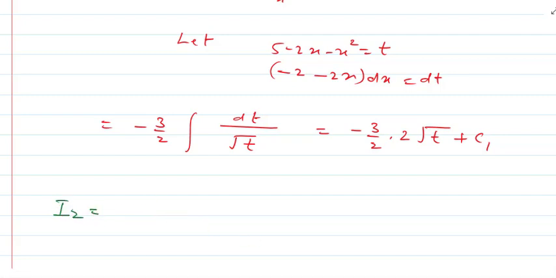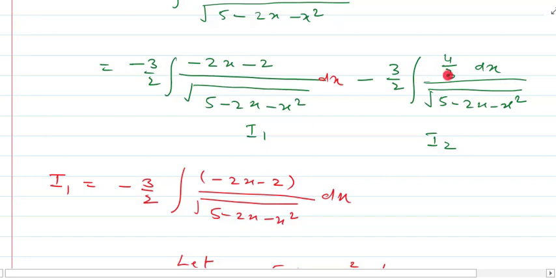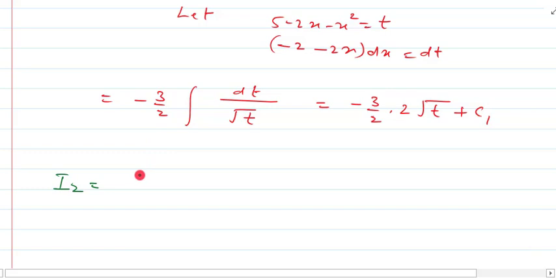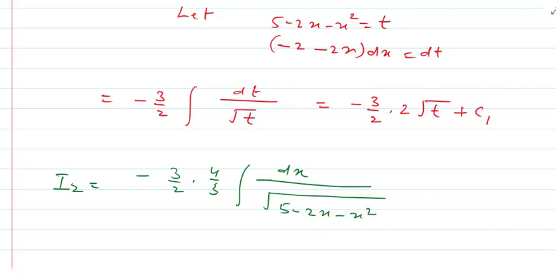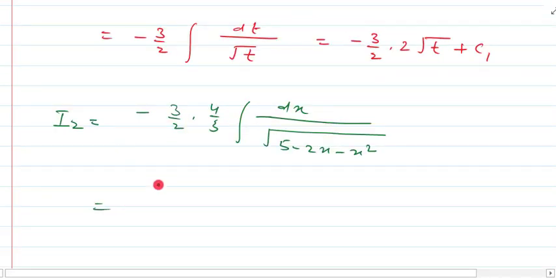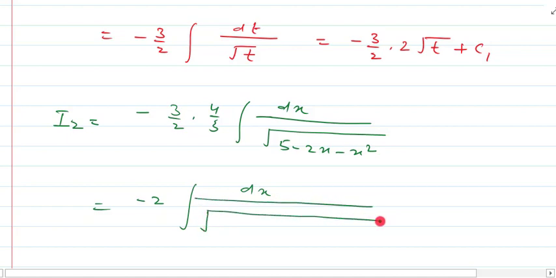I2 is the integration of 3 upon 2 into 4 upon 3 minus 3 upon 2 into 4 upon 3, integration of dx upon square root of 5 minus 2x minus x square. Now 3 gets cancelled and minus 2 is left only. And now you know very well what to do. In the previous question also I told you, do not take the negative sign outside the root sign.